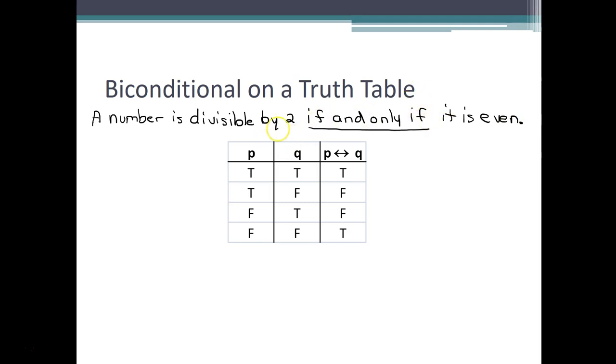Essentially, a biconditional statement is a conditional that goes both ways. And if you look at the chart here, you'll notice that the final column for the biconditional, the double arrow, is TFFT. And if that looks familiar to you, it should.